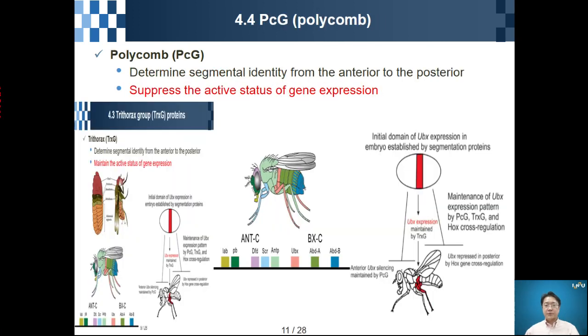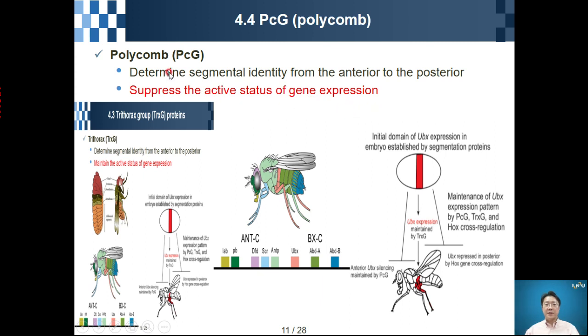In this slide I will explain the fourth subject, PCG. The full name is Polycomb group. PCG also determines the segmental identity from anterior to posterior. Their specific function is to suppress the active status of gene expression.